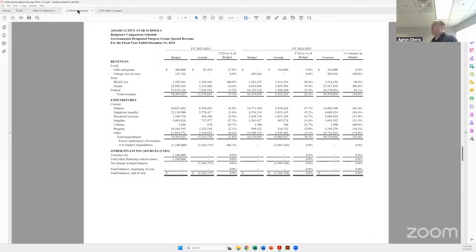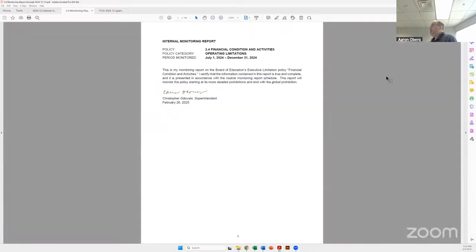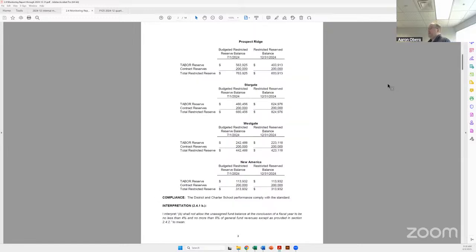And those will get presented again on a quarterly basis to the board, as well as essentially everything that we talk about over the life of the school year, where we ensure and put in writing that the superintendent is in compliance with all of the policy pieces.